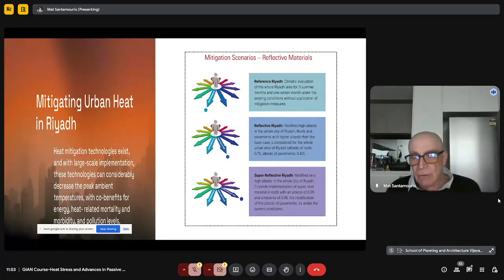What's the difference with the supercool materials? You have to know that the atmosphere is really open, transparent, to wavelengths between 8 and 13 micrometers. It's the so-called atmospheric window. This is the window that allows life on our planet.